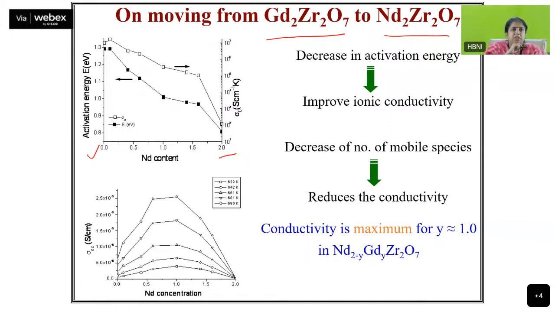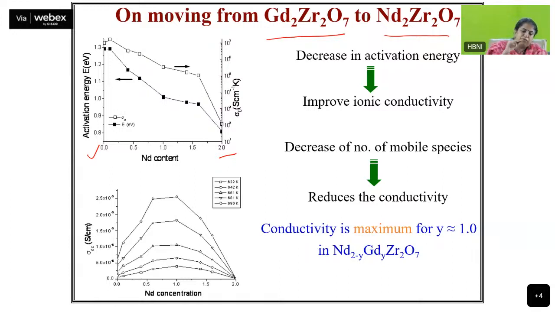Of course, these many compositions were synthesized and they were characterized to make sure that all of them are pyrochlore. Okay. So then we did the conductivity studies wherein we obtained the activation energy and the pre-exponential factor.